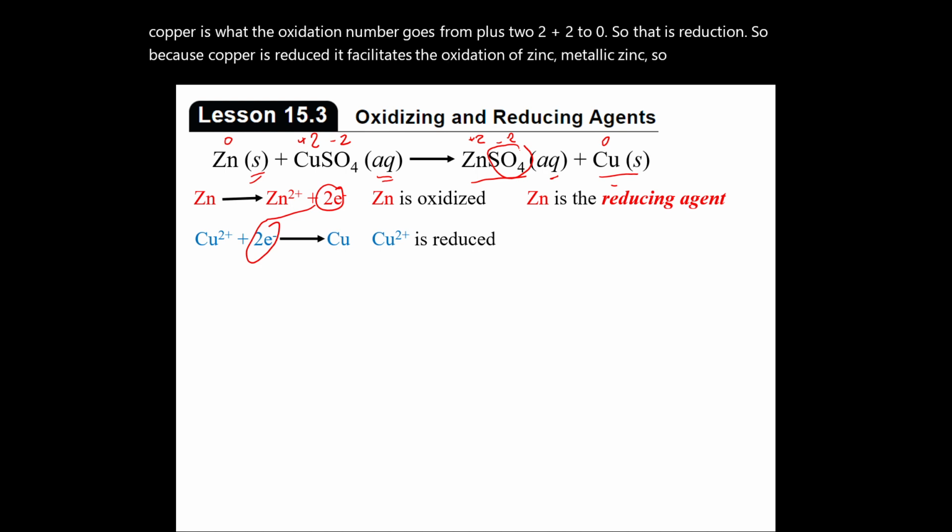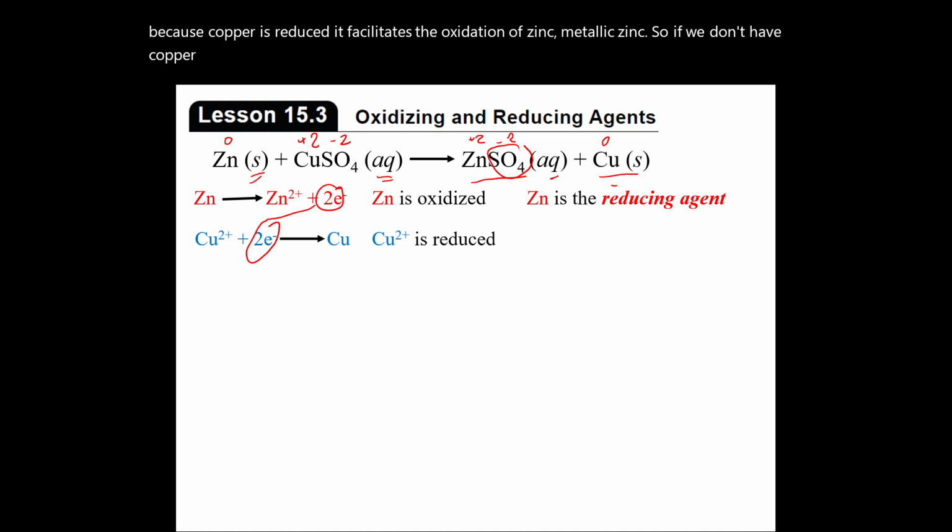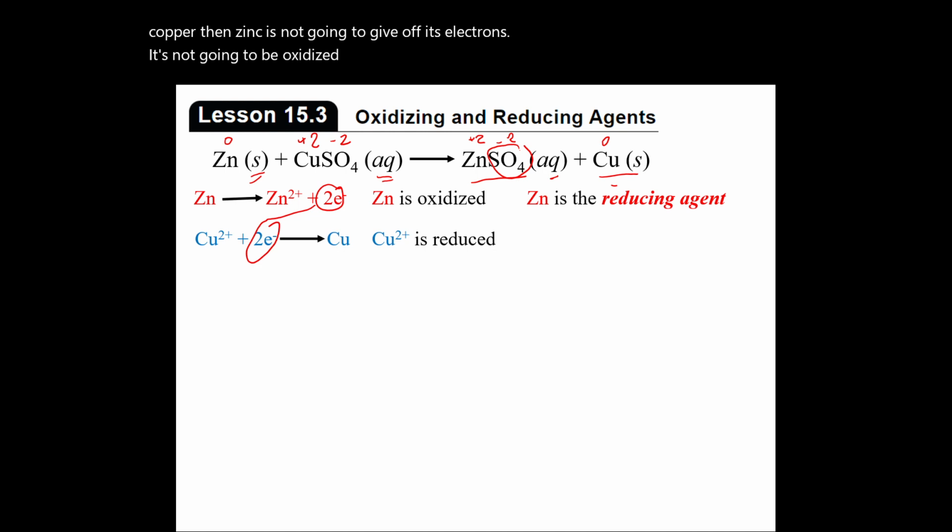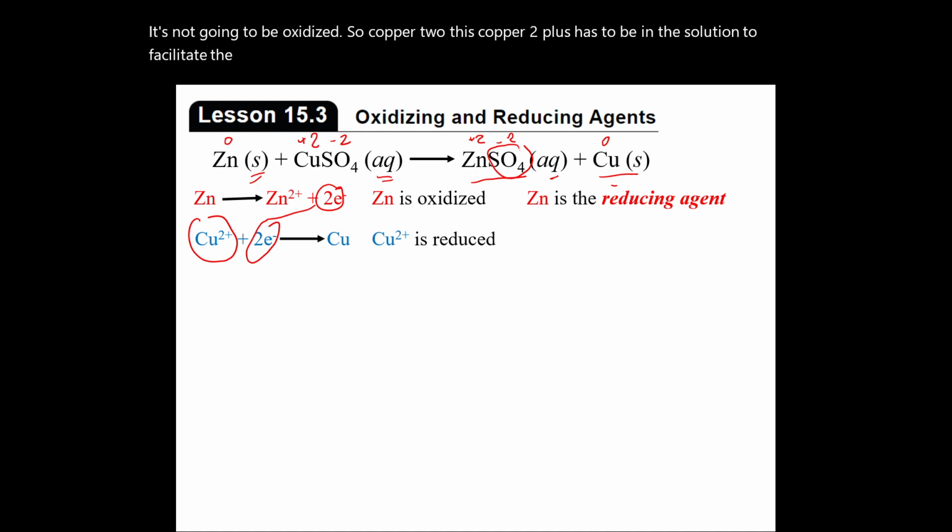So if we don't have copper, then zinc is not going to give off its electrons. It's not going to be oxidized. So this copper 2+ has to be in the solution to facilitate the oxidation of metallic zinc.